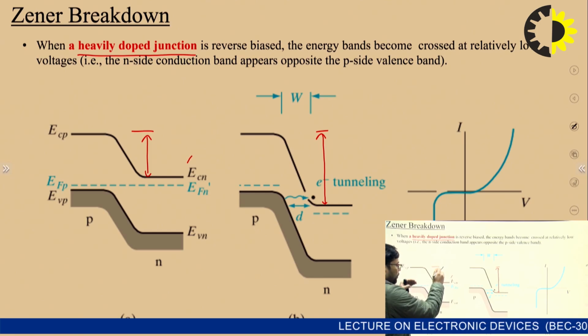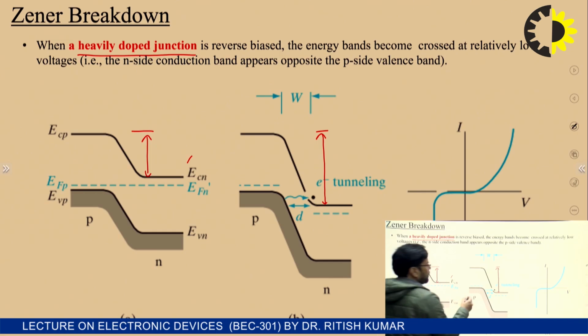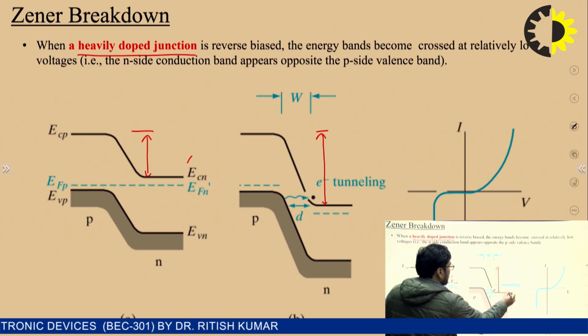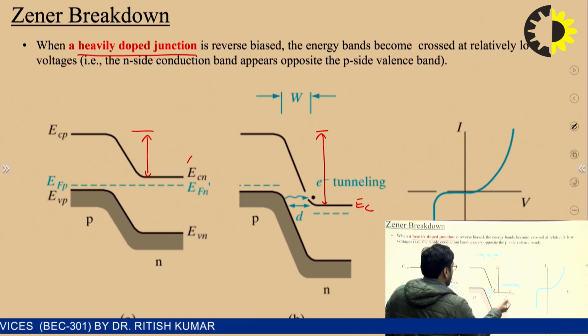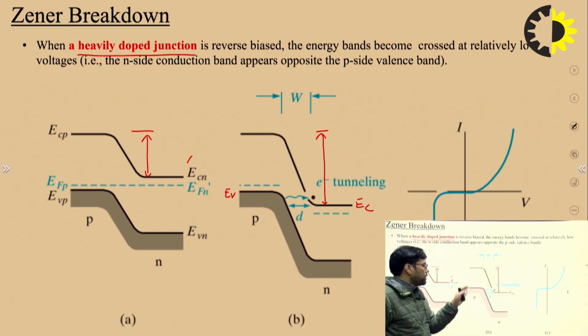If you pull it down to a certain level, the conduction band energy level of the n side lies just in front of the valence band energy level of the p side. As you can observe here, when it is pulled down, the conduction band of the n side becomes in front of the valence band of the p side. As we know, the valence band energy level is totally filled, and the conduction band energy level is totally empty.